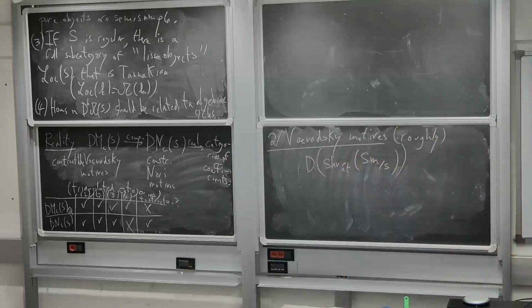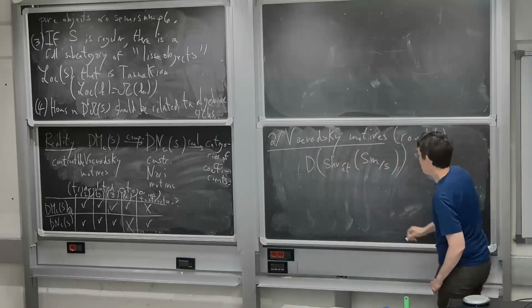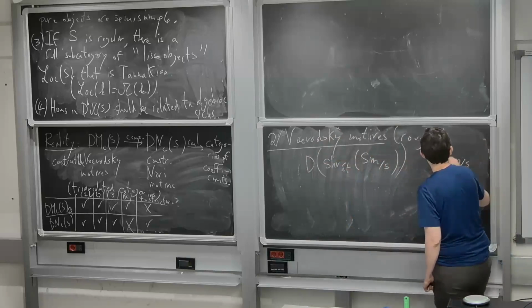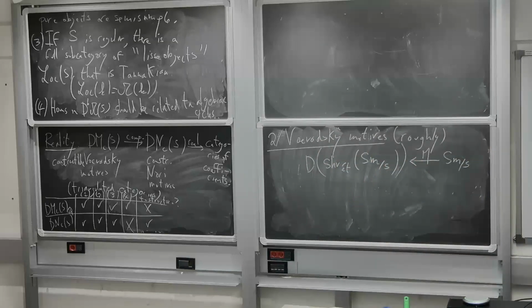In that you have a functor from smooth schemes that sends a scheme to its homological motive.